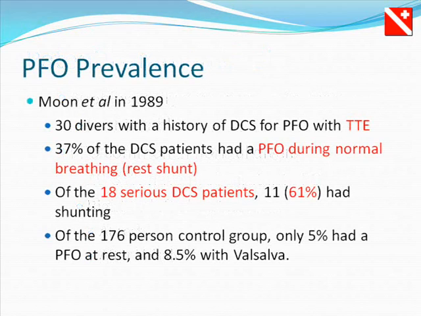And Richard Moon in '89 at Duke University was able to show that there was definitely an overrepresentation of PFOs and large PFOs, because he used transthoracic echo, an overrepresentation in those divers that had serious decompression illness. And towards the end of the presentation, you'll see that that becomes part of our differentiation. What types of decompression illness may lead us to suspect a PFO?